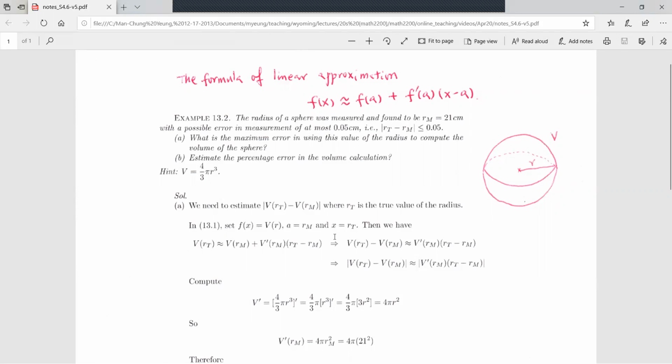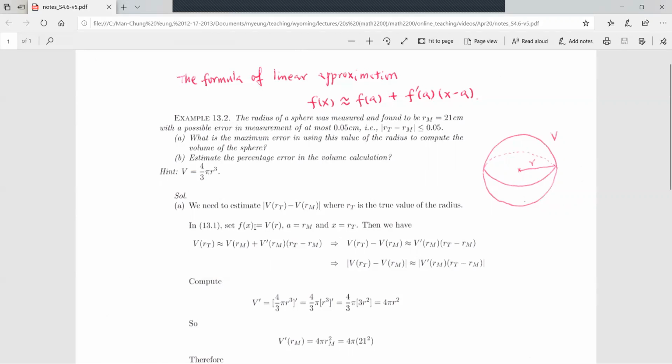Okay. Now, plug this information into the approximation formula, then we get this approximation. F of x is volume at RT, since X is RT. So volume at RT on the left-hand side.